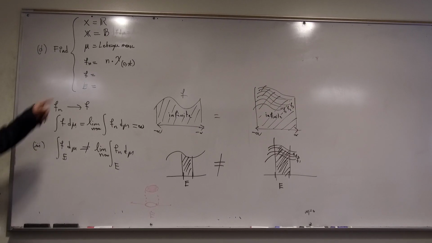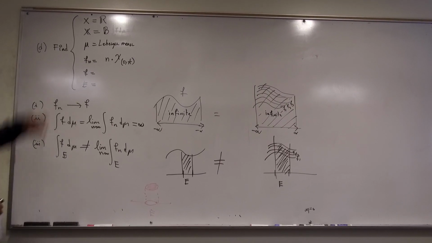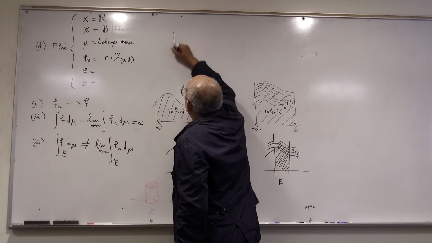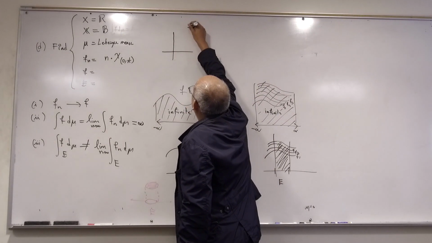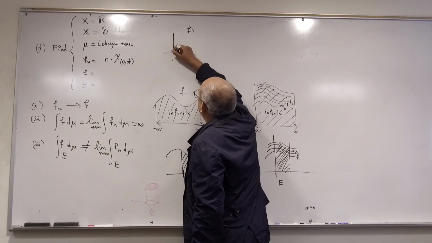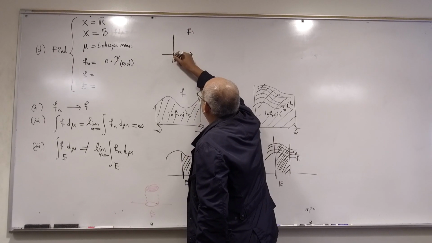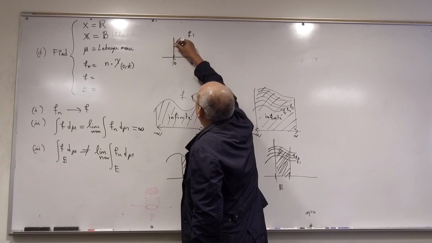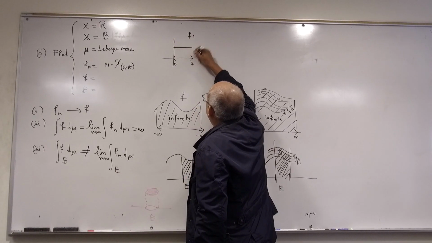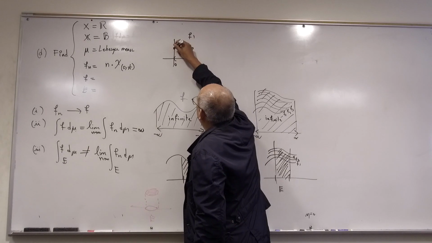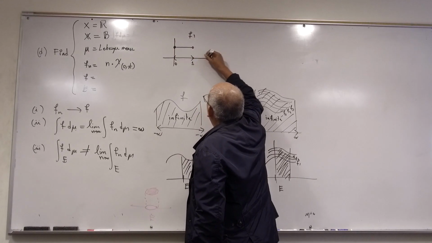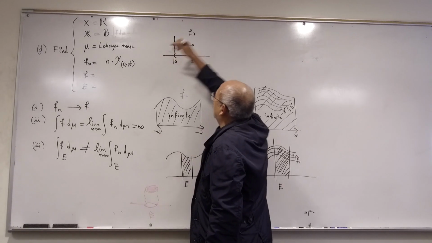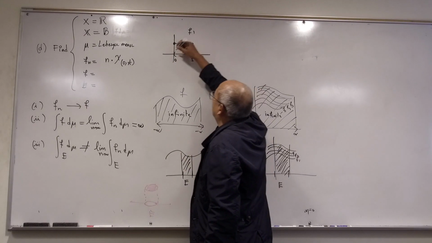But there's only one problem with that function. First, let's take a look at how that function looks. The first function goes from 0 to 1, and the height is 1, and outside of it is 0. It doesn't matter whether the dots are here or here, because the Lebesgue measure of a singleton is 0.